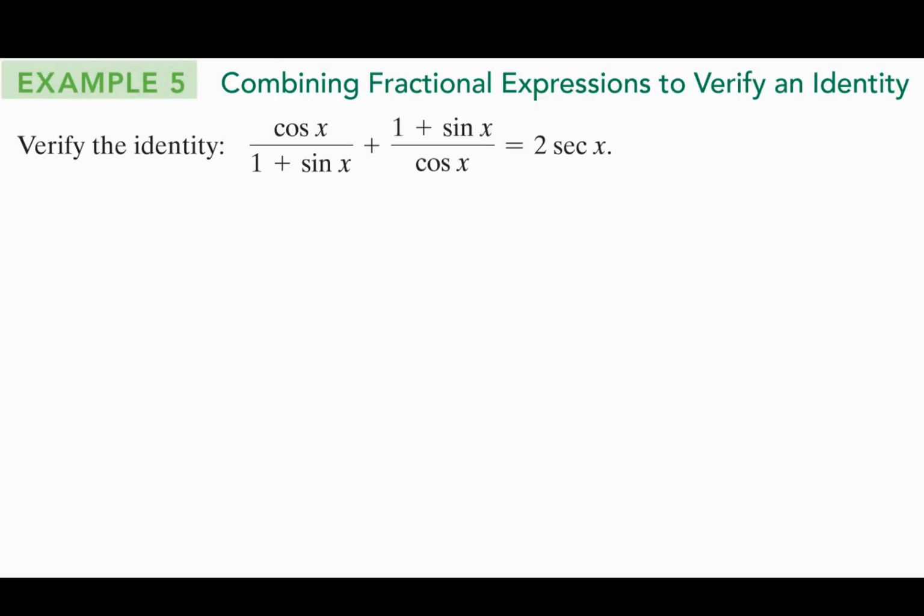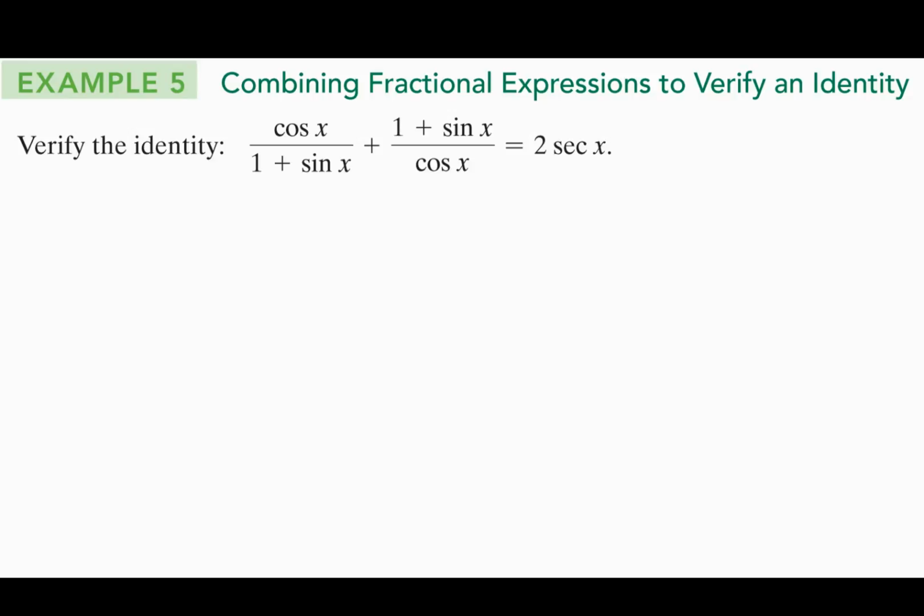So, how do you verify identities which have sums or differences of fractions in which trigonometric expressions appear on one side? Like this problem, okay? You're going to have to combine these two fractions. Notice that we have two expressions equal to one thing on the right. So you're going to have to combine these.